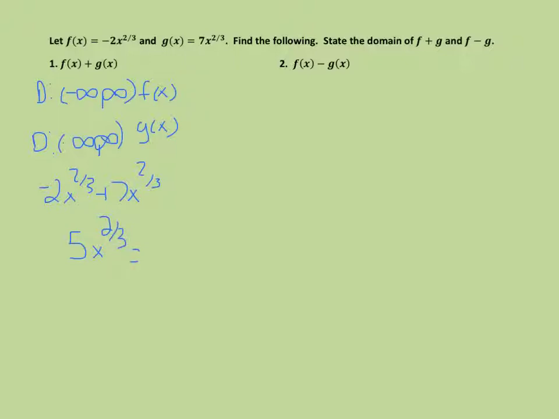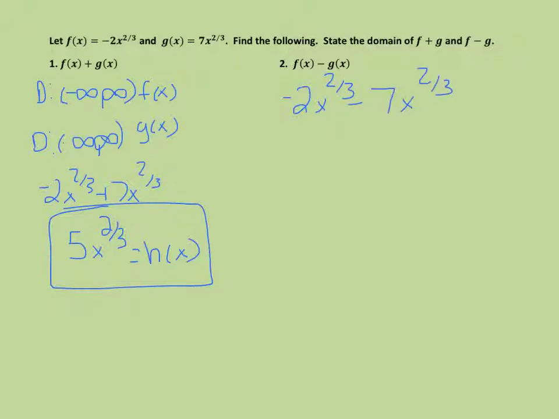That equals h of x. Now f of x minus g of x, so that means negative 2x to the 2/3 minus 7x to the 2/3, so that would be negative 9x to the 2/3.